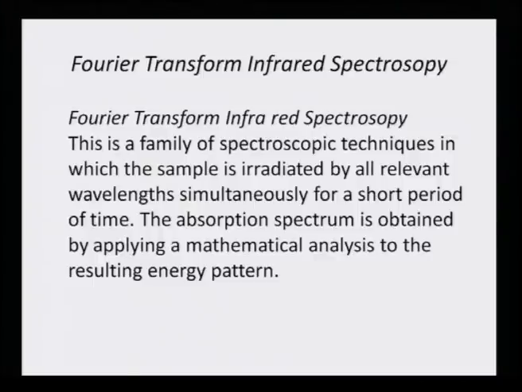So, a huge lot of different wavelengths of infrared is made incident on the sample, and the sample quickly does a lot of absorption simultaneously. These spectra are overlaid one above the other to show the sharpness of the peak, and it is all a very mathematical application of the energy patterns.